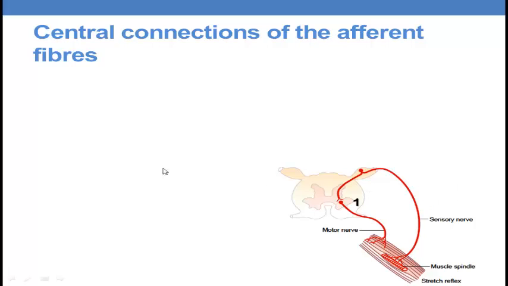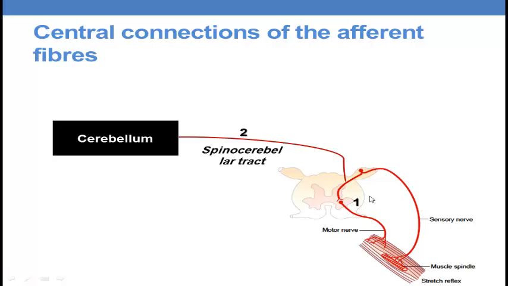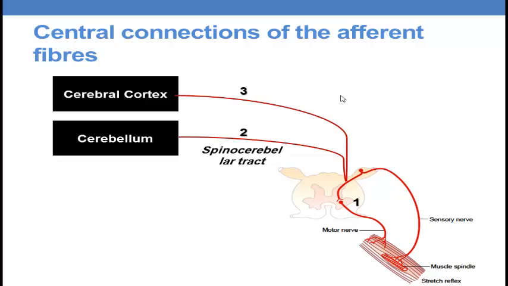The first one is a direct connection with the anterior horn cell of the stretched muscle, and through this connection the reflex arc is completed. The second connection is to the spinocerebellar tract, passing to the cerebellum to inform it about the degree of stretch or the position of the muscle. And the third connection is to the cerebral cortex.